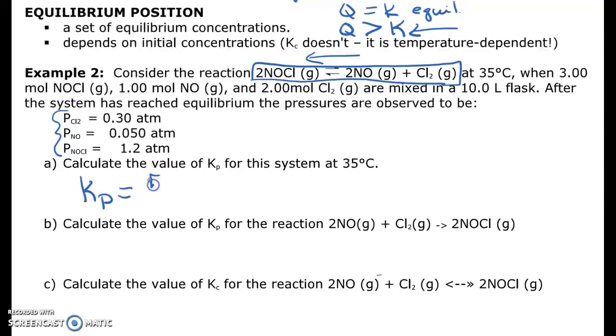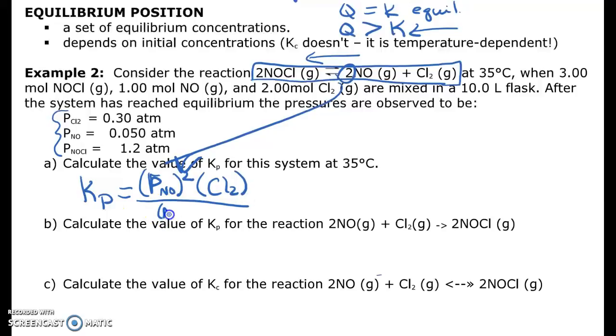So we have our pressure of nitrogen monoxide, and that is going to be squared because there is a coefficient of 2 in front of it. Sorry, that's the wrong 2. It's this 2. That's going to get multiplied by our other product, which is chlorine gas, and there's a coefficient of 1, so it'd just be whatever it is.